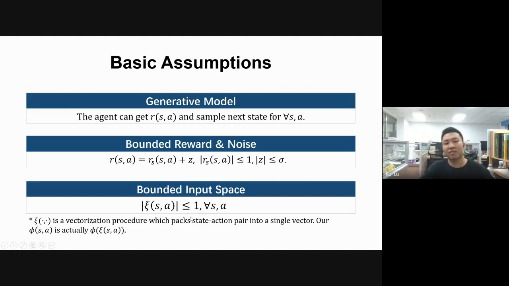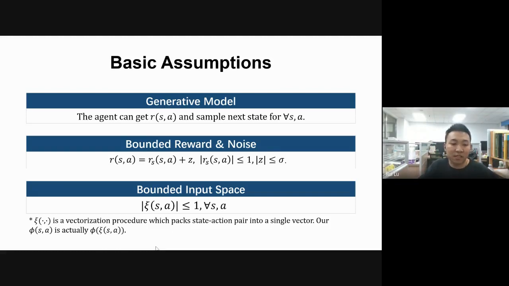Some may ask what exactly this vectorization procedure is. For example, if the action space is discrete with k different actions, you can create k different blocks. If you perform a certain action, you put the state into the corresponding block and set all the other blocks to 0. That is one kind of vectorization procedure.